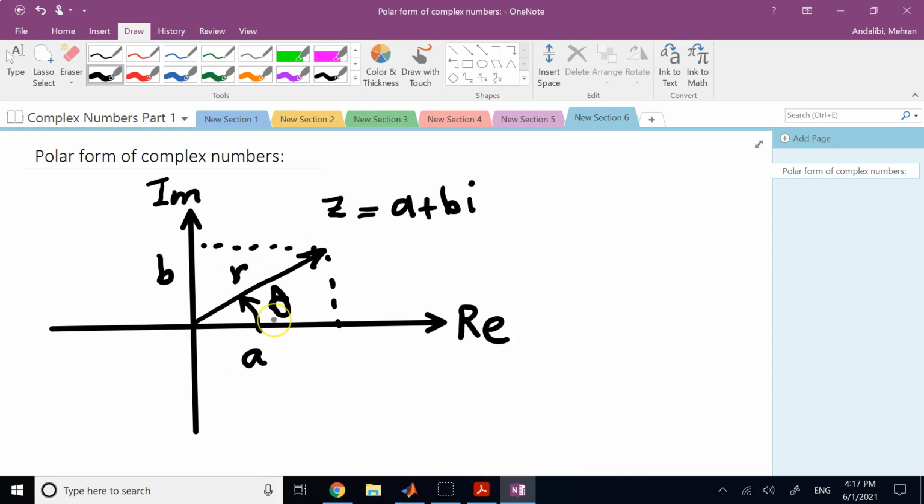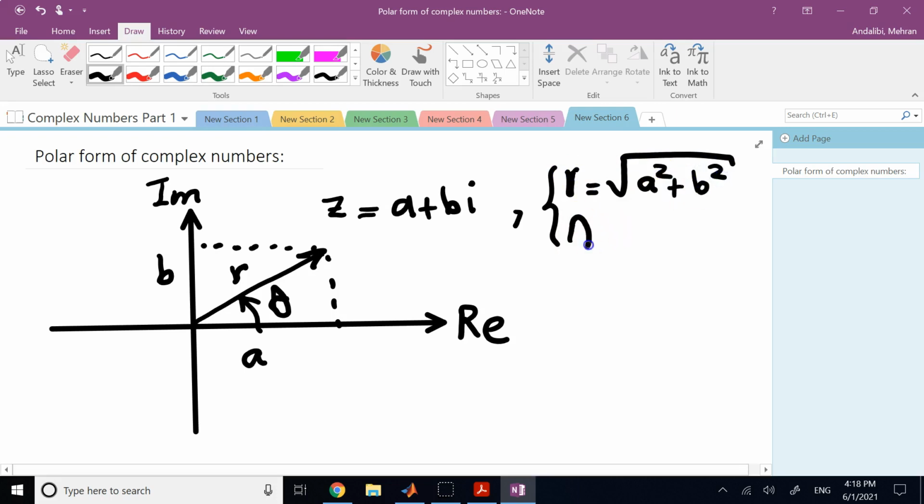Okay? Using polar coordinates, based on what we defined for the magnitude and the angle, r is clearly the square root of a squared plus b squared, and theta is equal to tangent inverse of b over a, correct?